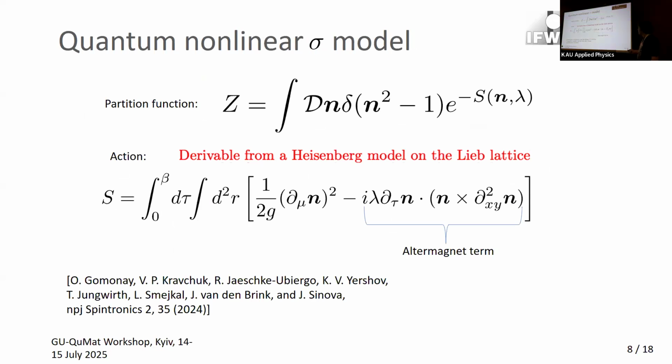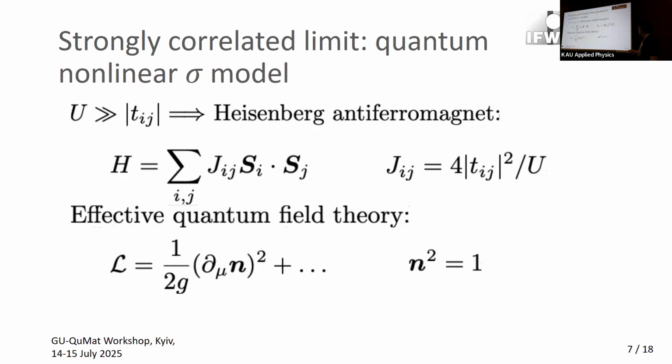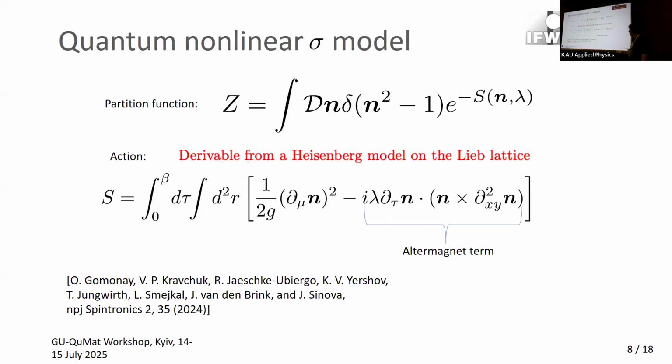So if you look, that's the first term that I showed before. If you try to derive this from the Heisenberg model by path integral formalism or by any other method, the first time this was shown was in this paper by Helen Gomonai and collaborators, where they took a classical Heisenberg model on a ruthenium oxide type of lattice, and they used the field equations for the classical limit, the Landau-Lifshitz equations, to get this term.